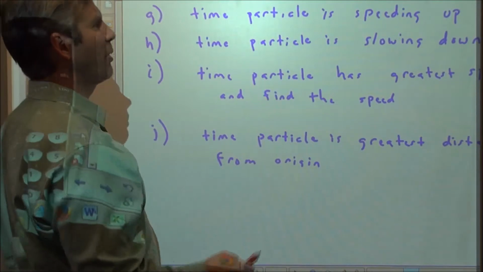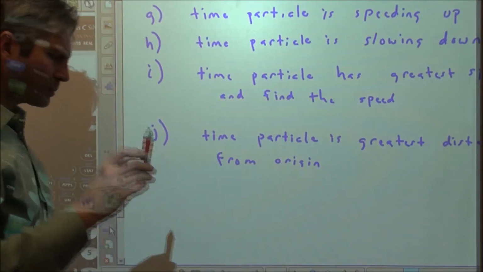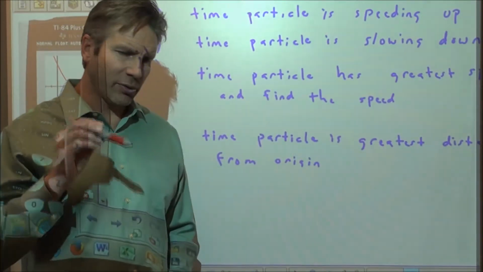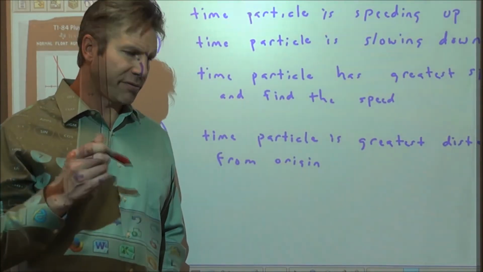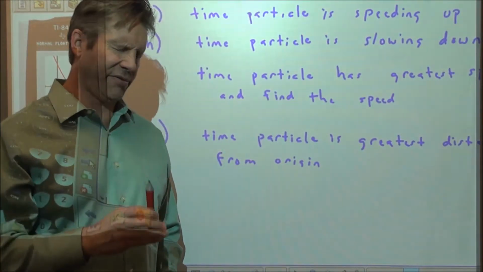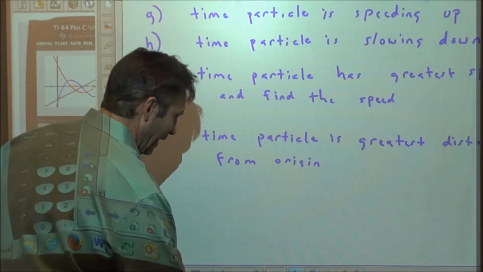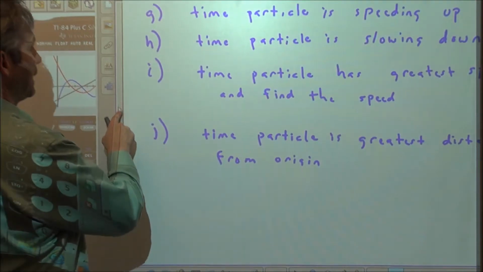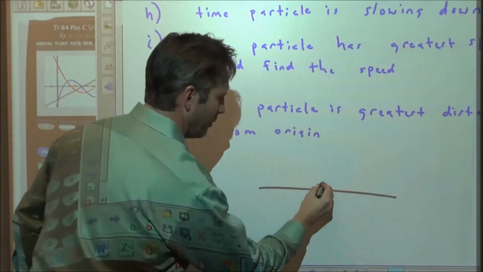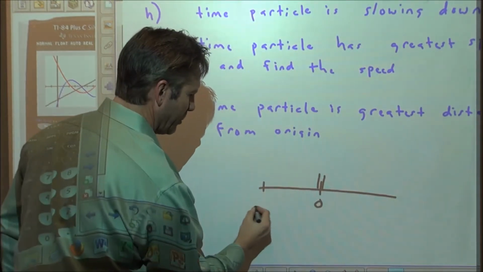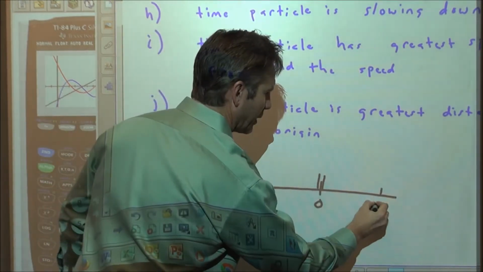Okay, let's look at some other fun problems. How about the time when the particle is speeding up? Remember what speed is. Speed is the absolute value of the velocity function. So let's think about this. Let's draw again where the lamppost is. Here's the lamppost, that's at zero, and the bug could be down here, or the bug could be over here.